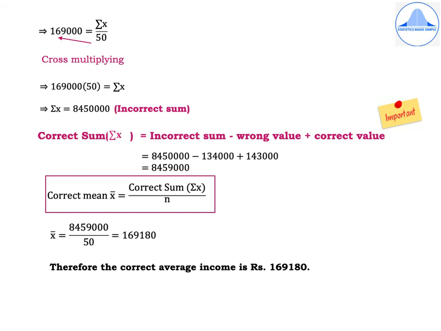Substituting the known values in the mean formula, we get 1,69,000 is equal to summation x divided by 50. Cross multiplying, you will get 1,69,000 into 50 is equal to summation x, which implies summation x is equal to 84,50,000, and this is called the incorrect sum.